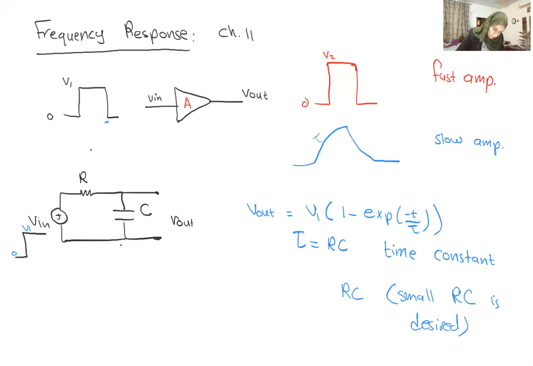This is the value of the input, or the maximum V2 that we want to reach. So depending on the time constant, we will have different responses.